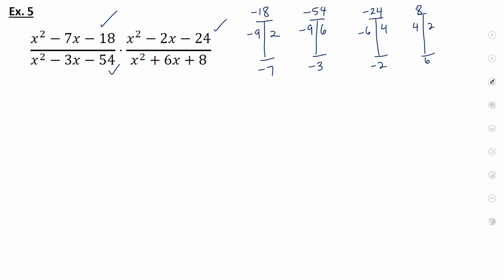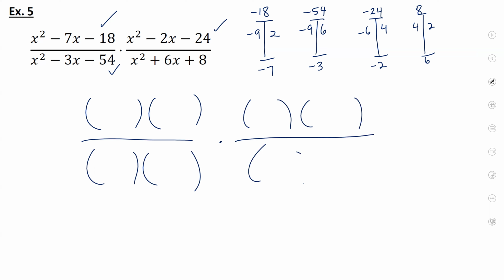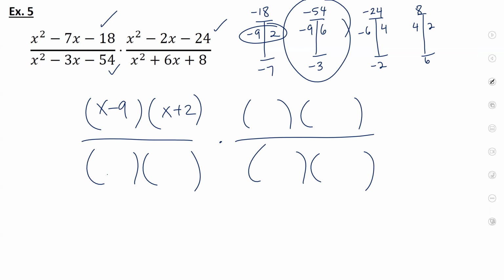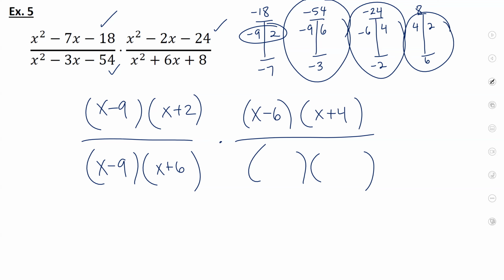Okay, so I'm just gonna rewrite all of these into my factors. This first one, we had x minus 9 and x plus 2. The second one, we had x minus 9, x plus 6. This one right here, we had x minus 6, x plus 4. This last one, we had x plus 4, x plus 2.